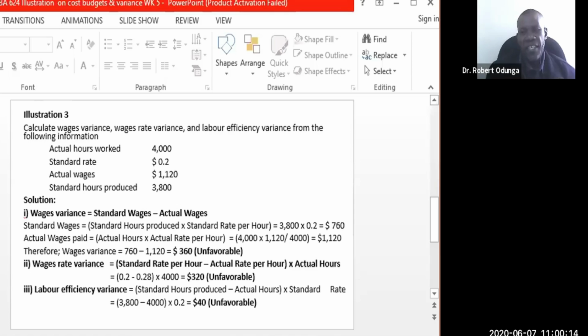You know, some books or some questions you may find wages referred to as labor or direct labor, and other books referring to wages. So it's the same thing. It all depends on the author of the book.